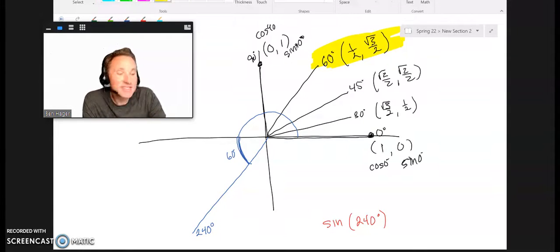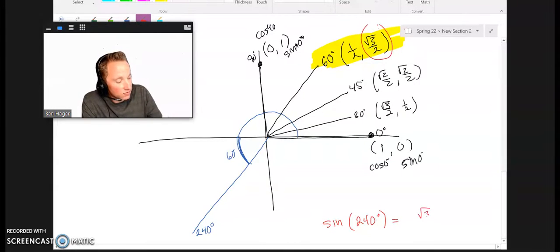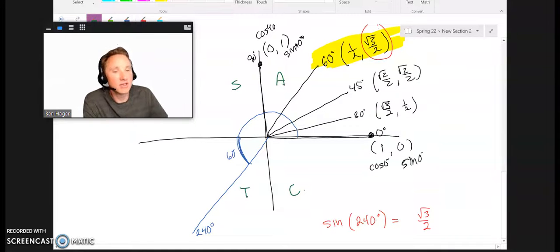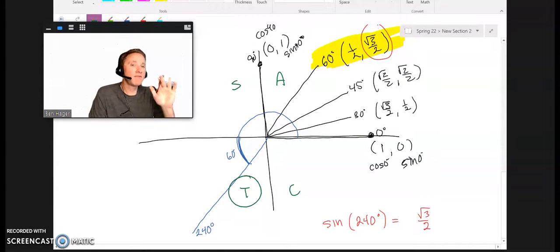So if I want sine of 240, well, that's sine, right? It's always the second value. So I know the answer is root 3 over 2. What I need to confirm is whether it's a positive root 3 over 2 or a negative. Remembering that all students take calculus, anybody in quadrant 3 is only going to have a tangent value that's positive.